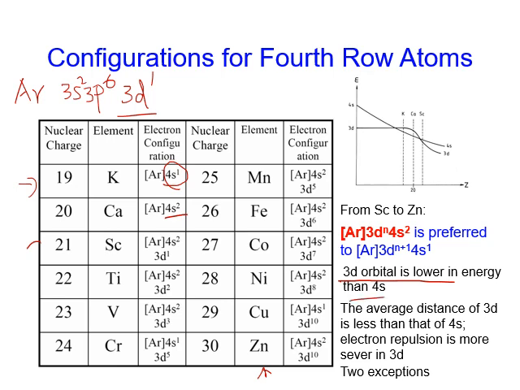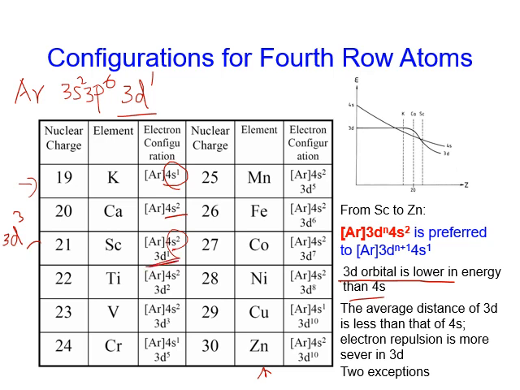And so from calculation, you would expect for scandium, the electronic configuration should be 3d3. All right, so the electrons in 4s orbital should also go to the d orbital, because d orbital is lower in energy. However, instead, it keeps 2 electrons in the 4s orbital, but only 1 electron goes to the d orbital.